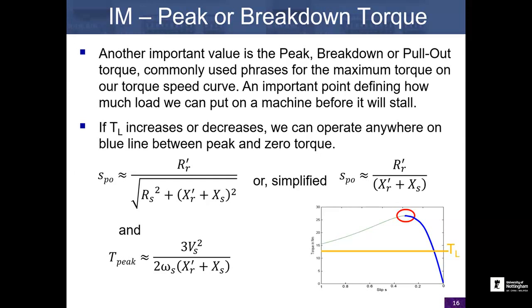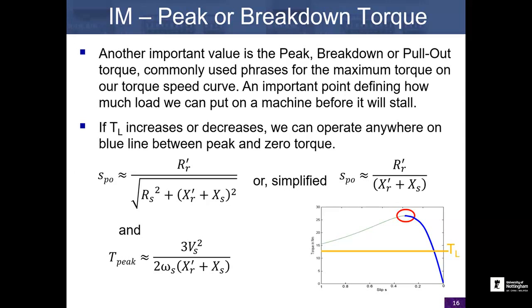If our load torque reduces, it'll get a bit faster, but again, it'll still find its settling point. So we have a behaviour characteristic where it can basically perform at anything up to this peak. And this peak is commonly known as the peak, but also the pull-out or breakdown torque, because that's the maximum possible torque we can get out of an already operating machine before it'll just fail to operate and basically stall out. And we can predict the position of that peak.